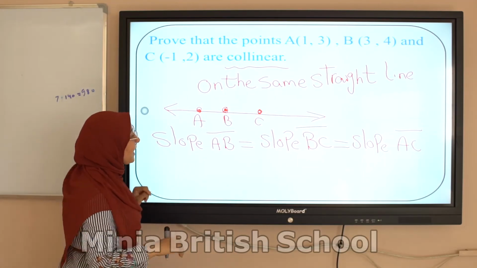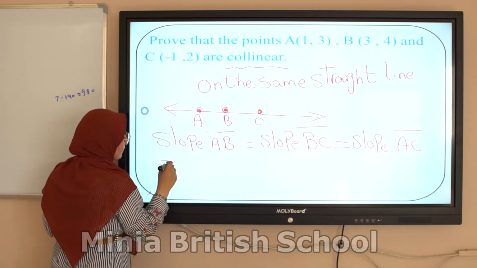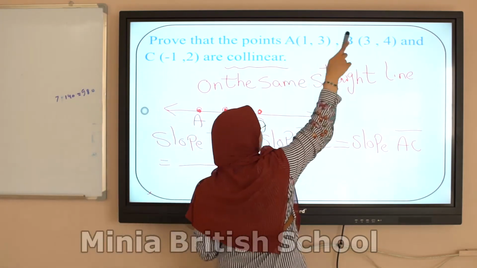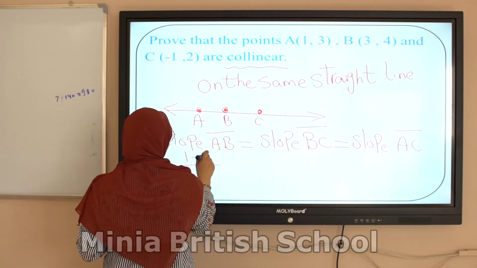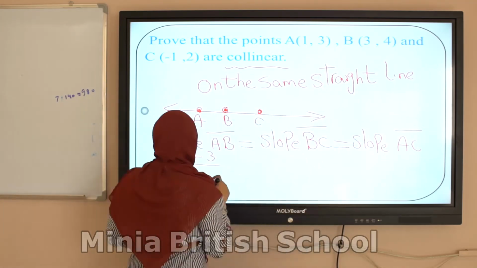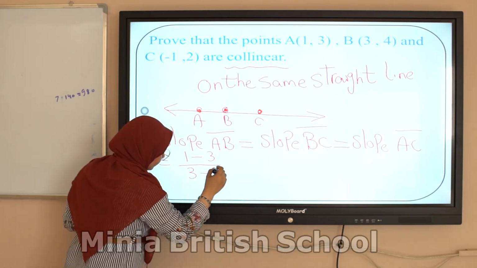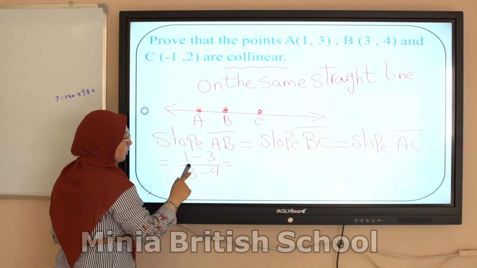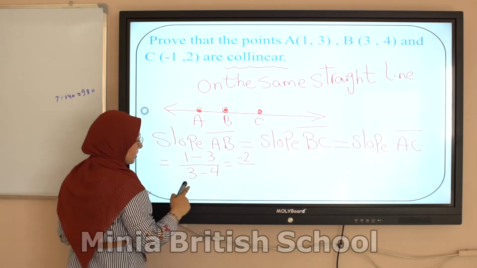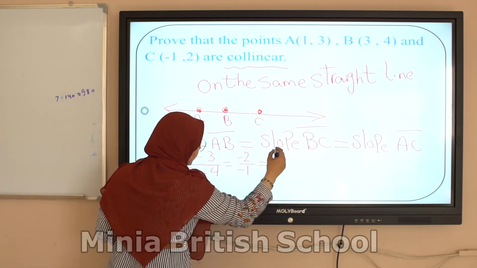So the slope of AP equals what? 1 minus 3 divided by 3 minus 4. 1 minus 3 equals negative 2. 3 minus 4 equals negative 1. So the slope equals 2.